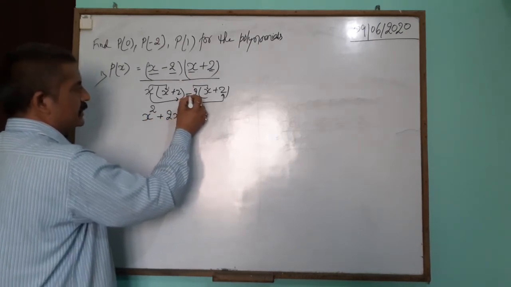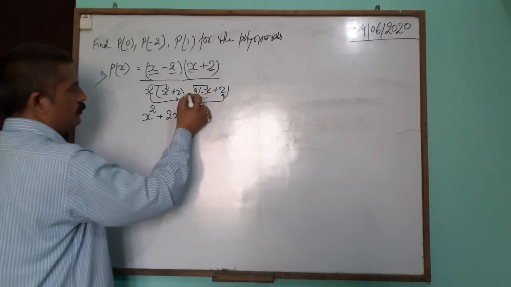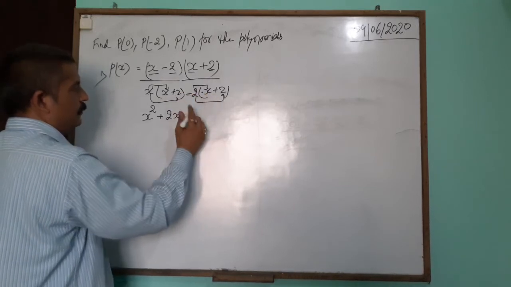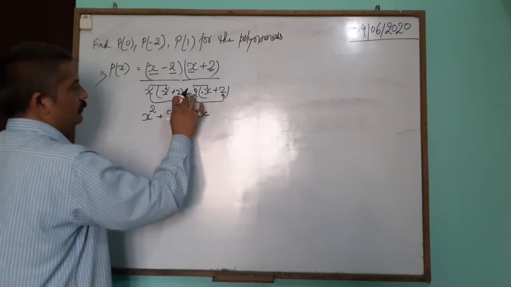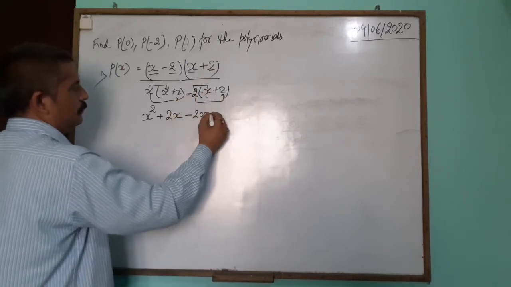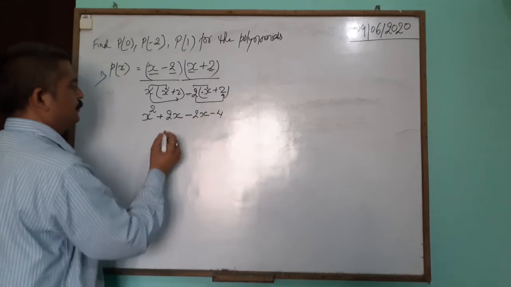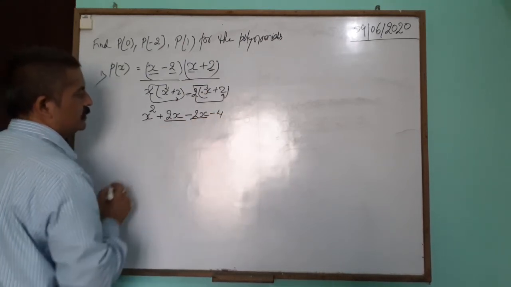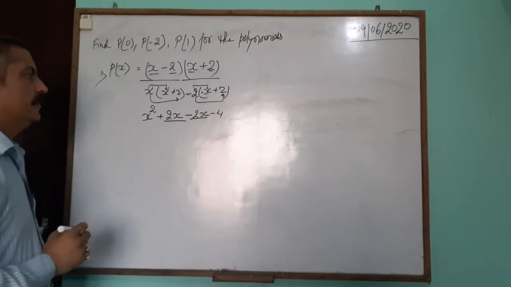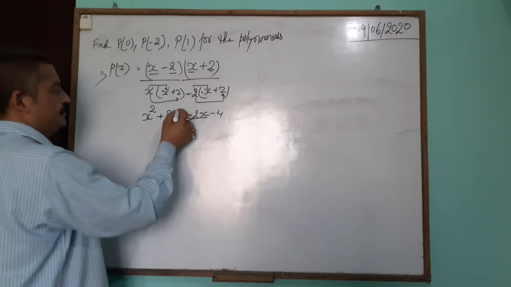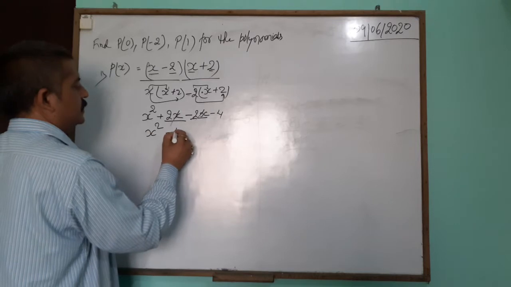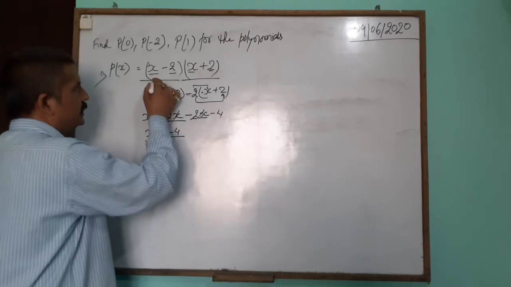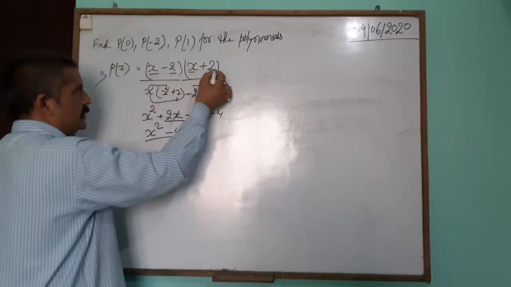Where there is a minus sign and a plus sign, so minus 2x, and minus 2 times plus 2 is minus 4. Opposite signs subtract each other, so x square minus 4 is the solution of x minus 2 and x plus 2.